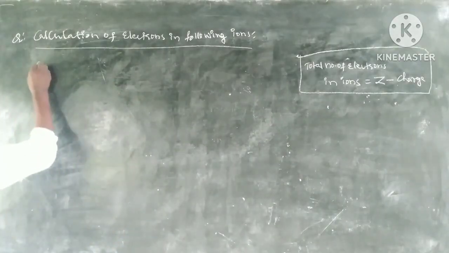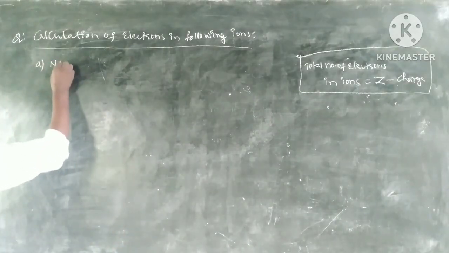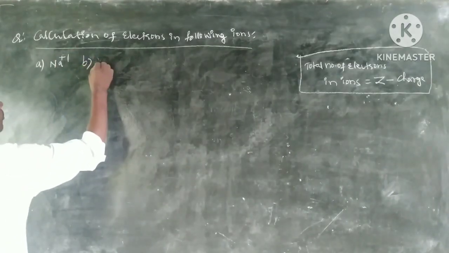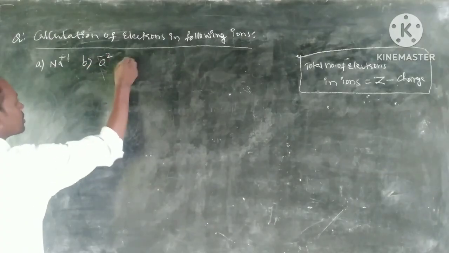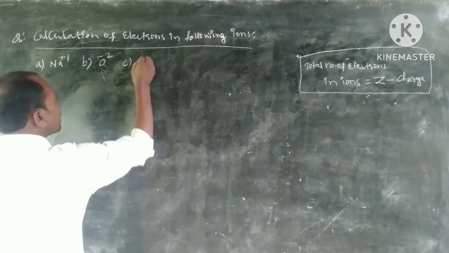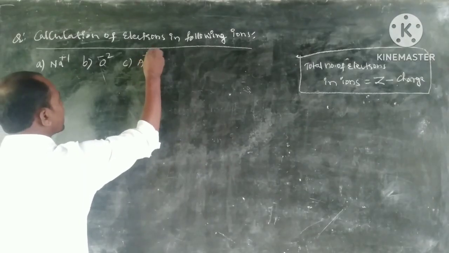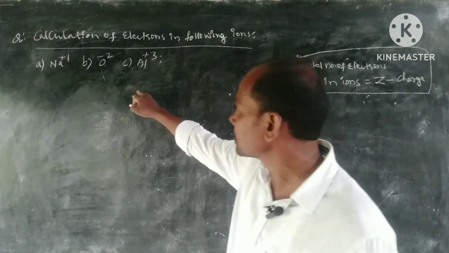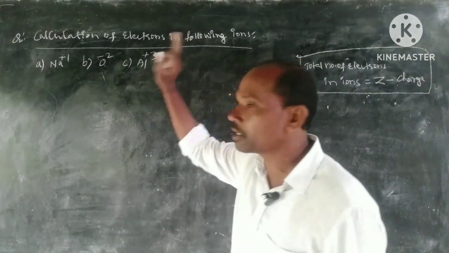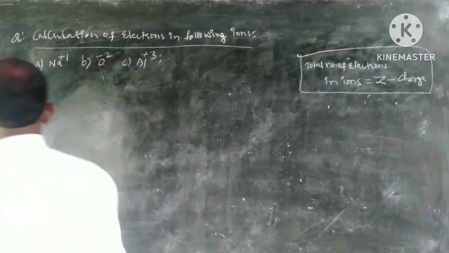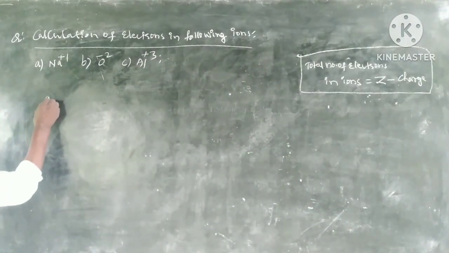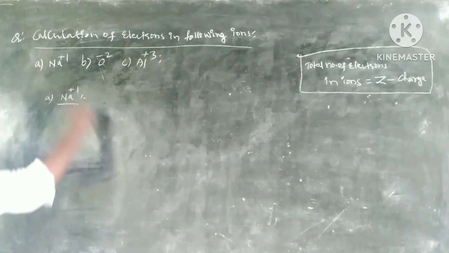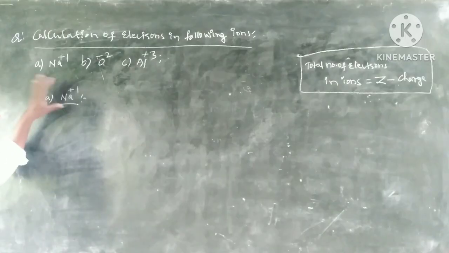A, Na plus 1; B, O minus 2; C, Al plus 3. Please calculate the total number of electrons present in Na plus 1, O minus 2 and Al plus 3. First, we take A, Na plus 1.